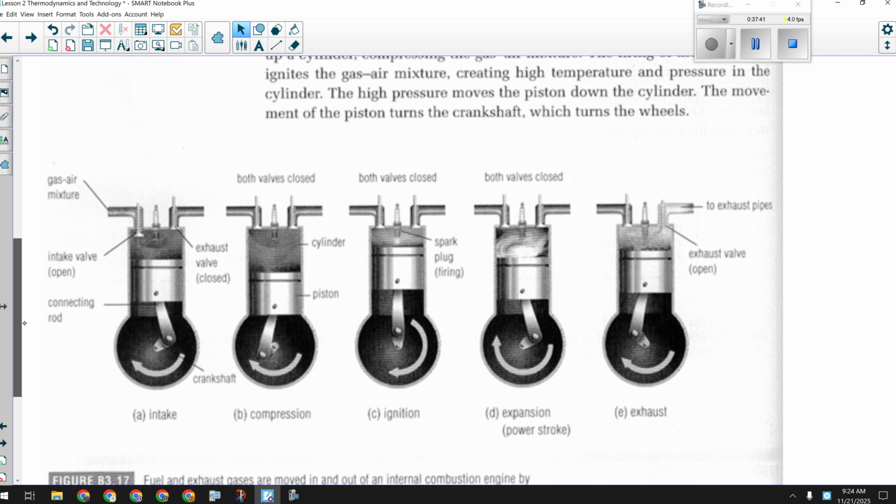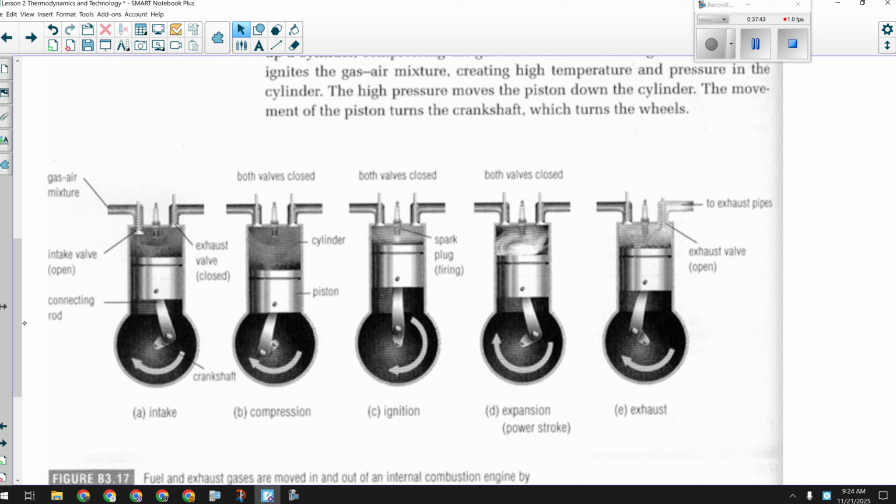For a typical internal combustion engine, this is what it breaks down to. If you remember yesterday, I said that an internal combustion engine is a 4-stroke engine because there are 4 different cycles or movements of the piston. In order for this to work, you have to have what's called an intake phase. The piston comes down and there are valves at the top.